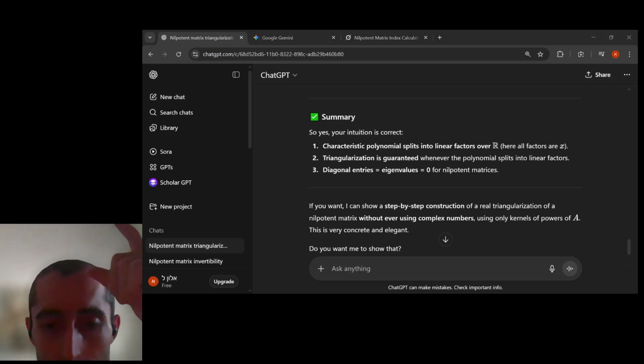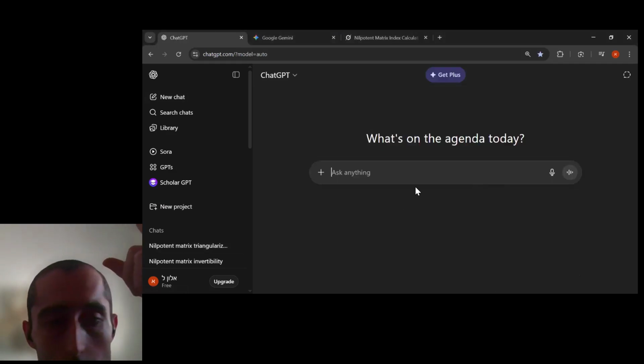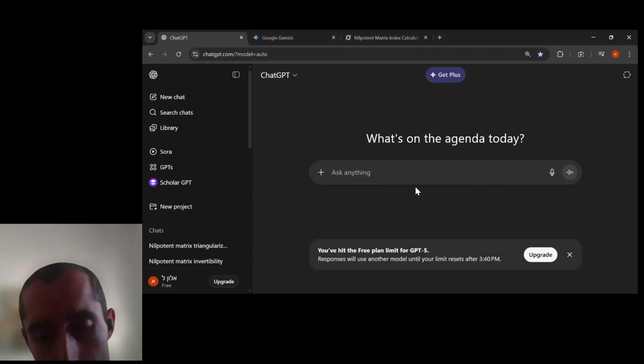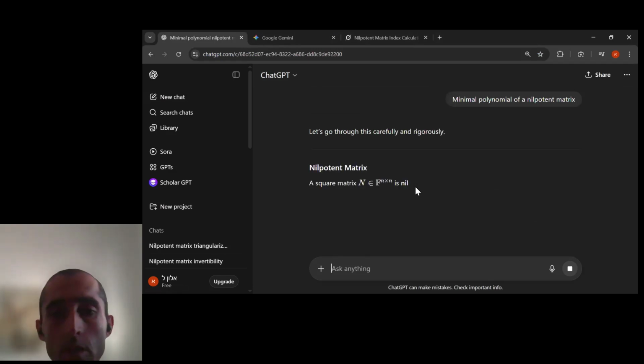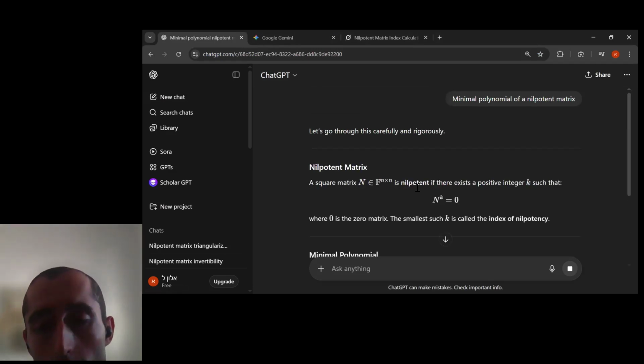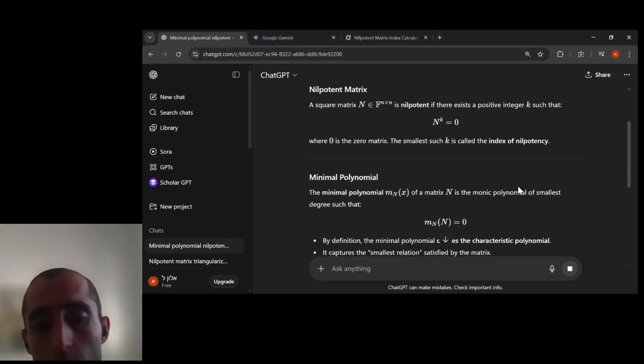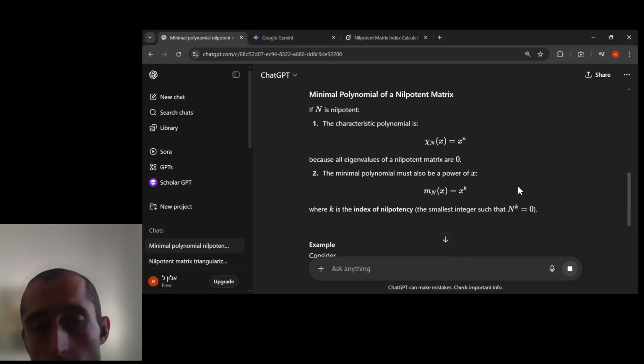And why is this? Wait, let's come back. You cannot diagonalize a nilpotent matrix, because if you think about the minimal polynomial of a nilpotent matrix, look at it for a minute. This will tell you why. Except for the case that the nilpotent matrix is the zero matrix, you cannot diagonalize a nilpotent matrix. And this is why.